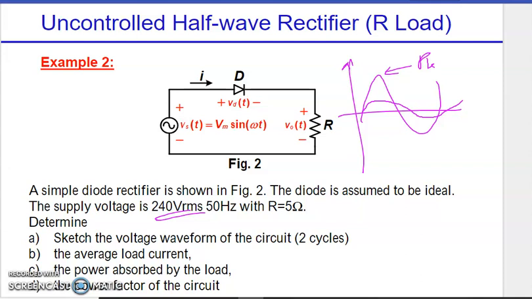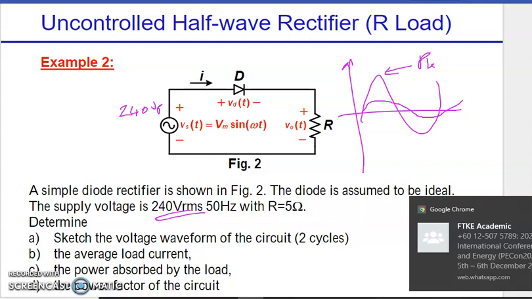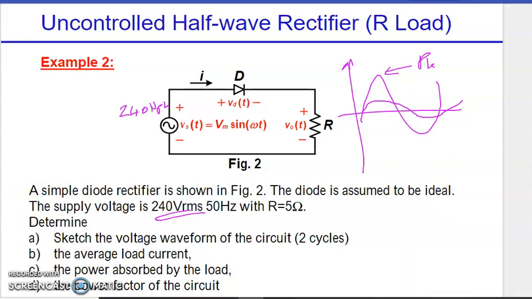So once you get the circuit and the question, you just jot down the information into the circuit. 240 volt peak, sorry, 240 volt RMS, and we have a 5 ohm load.